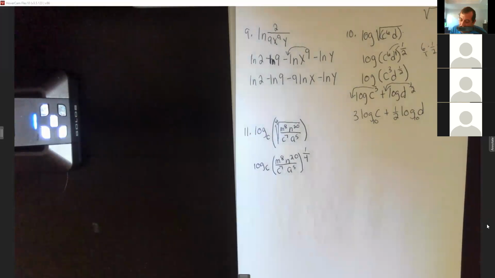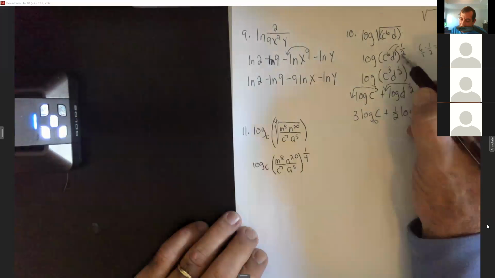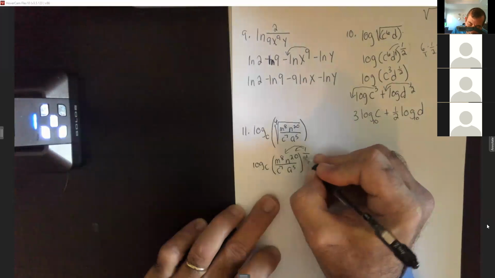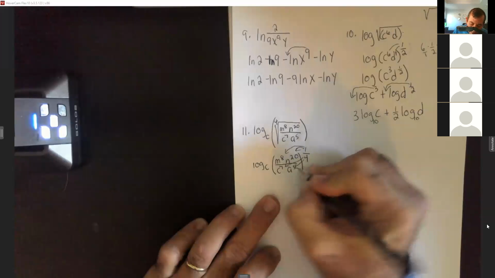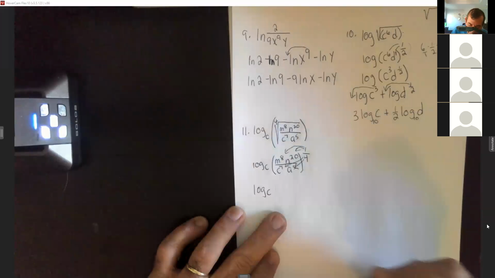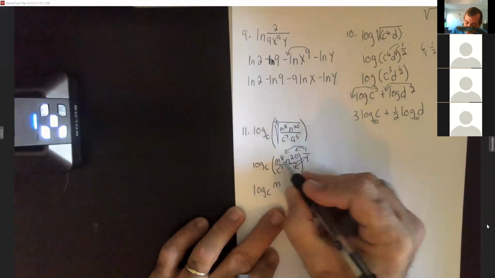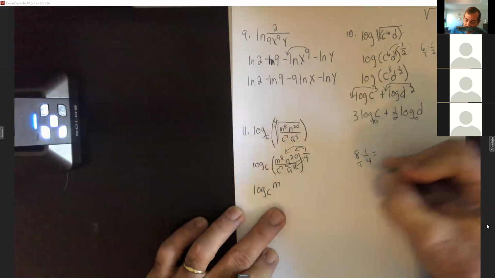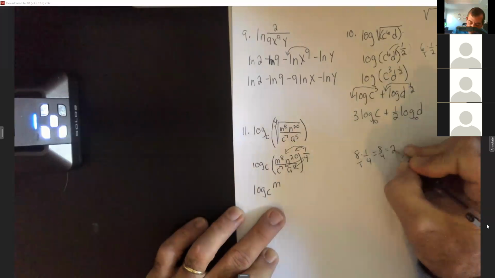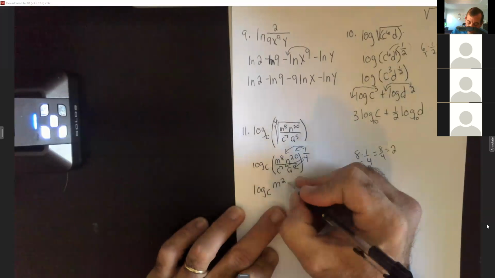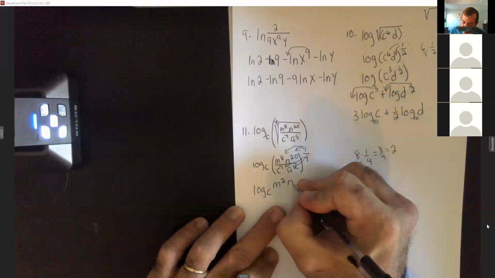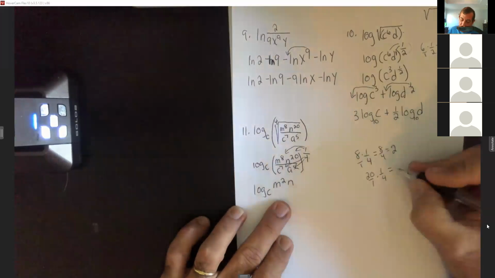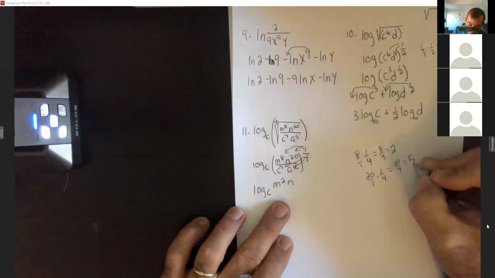All right, now notice up here, I distributed that exponent to everything inside. You're going to now distribute the 1/4 and multiply by every exponent in there. So let's see what happens. 8 times 1/4 will give me 8 over 4, which is 2. So the m now has a 2. n had a 20. So let's see, 20 times 1/4 is 20 over 4, which will give us a 5.